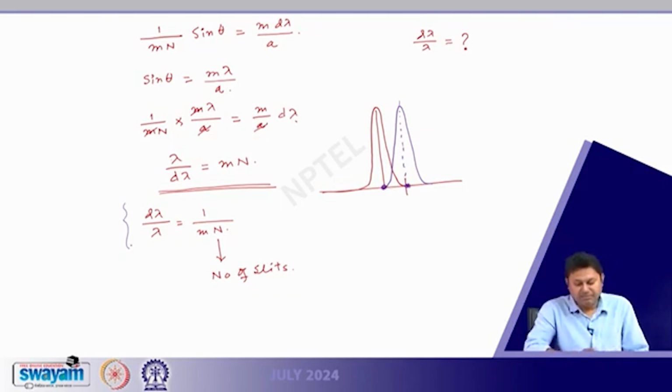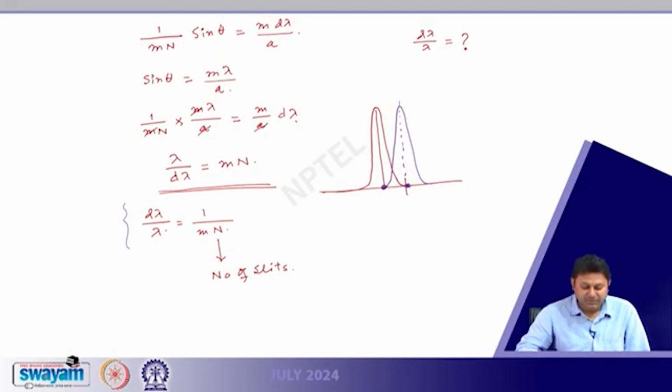That means if the number of slits is very large, then we can have a small wavelength separation, and that small wavelength separation can be resolved. This is the amount of wavelength separation that we can resolve compared to a given wavelength lambda.